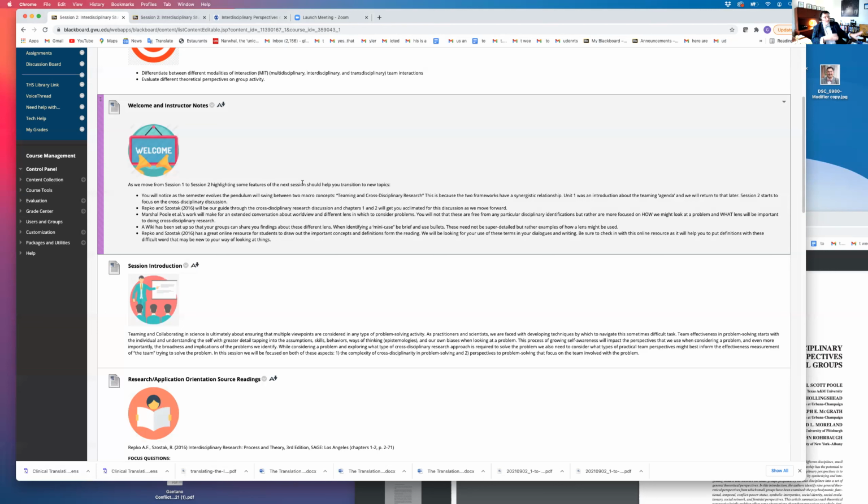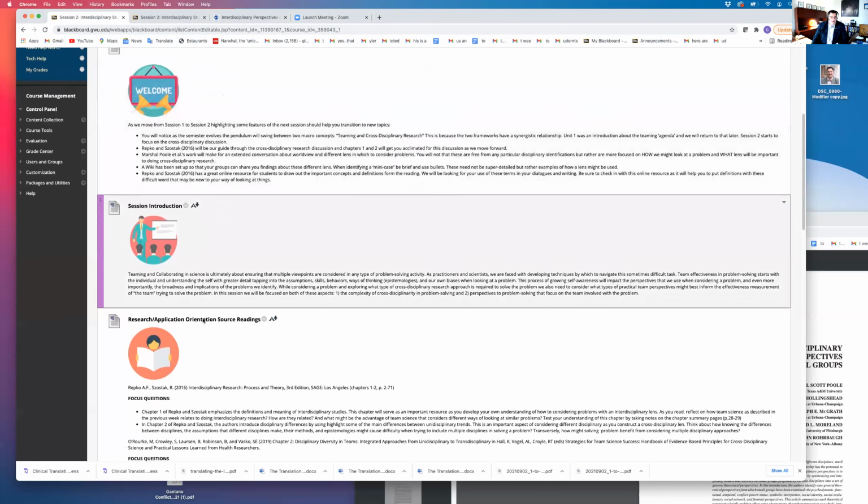That would be a different type of lens altogether. Or we might look at a team from the perspective of social networking and how they network with others and with each other. So this article, which is quite short, believe it or not, is going to introduce you to those different lenses, that I just gave you a couple examples of.